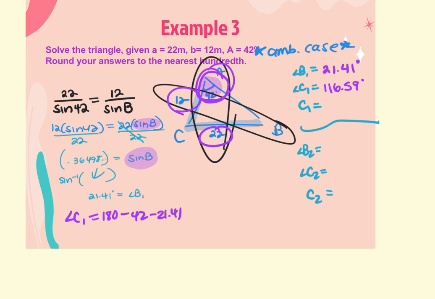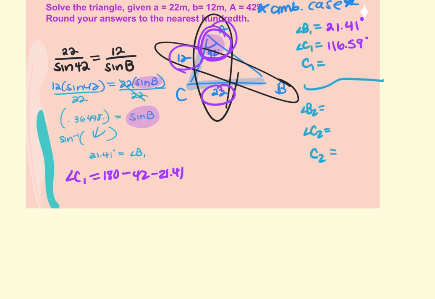And then the last thing I need to find from my first triangle is side C. So I always go back to the complete ratio I used from the information they gave me, which was the A's. 22 over the sine of 42 would equal side C1 over the sine of angle C1, which we just found was 116.59.